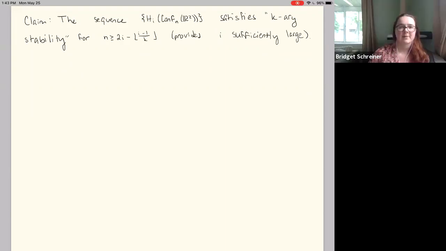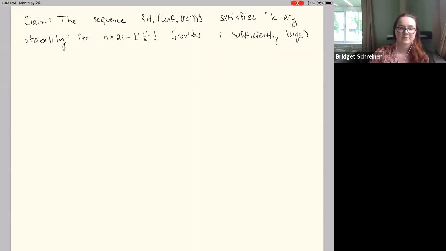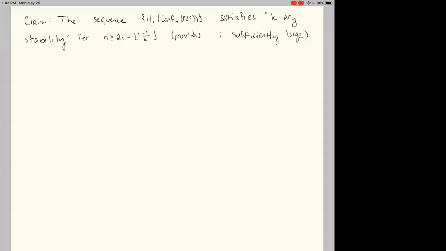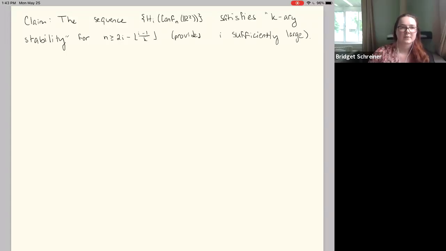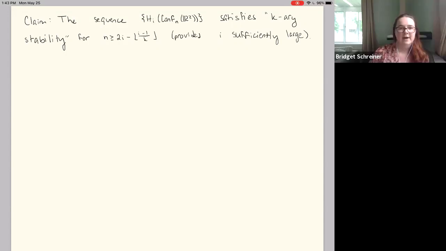Sorry, what do you mean by smaller range? You say that n is greater or equal to i minus some (i-1)/k. So if k is large enough, then this n also should be large. It should be bigger. This bound should be bigger than the bound for small k. Well, so we're subtracting off the (i-1)/k.